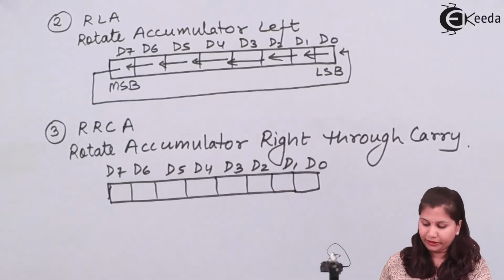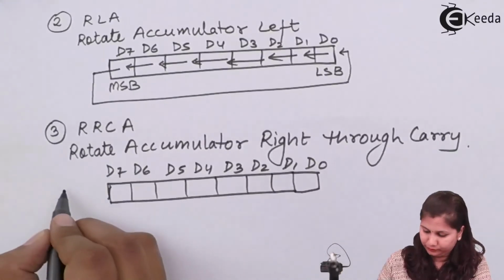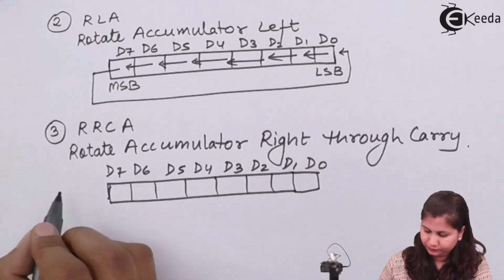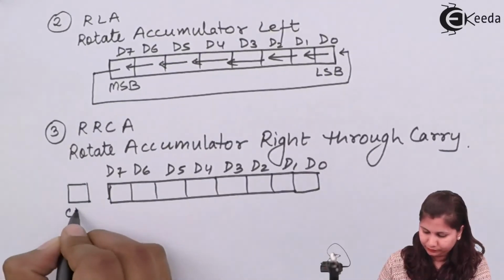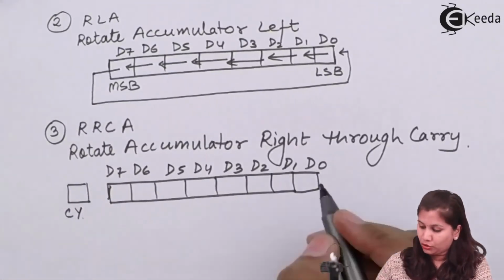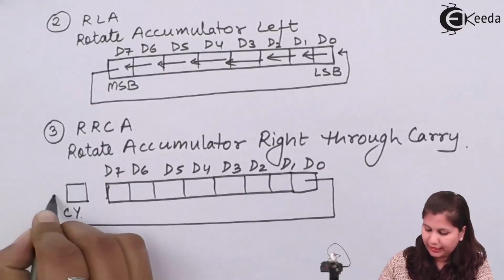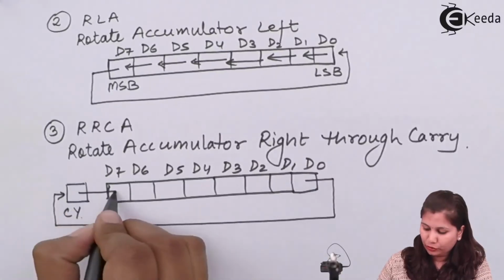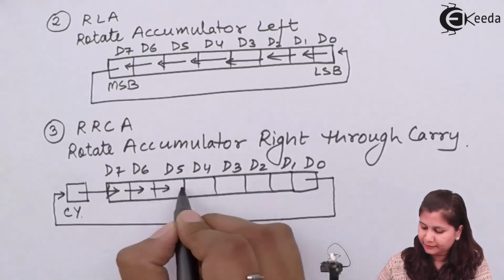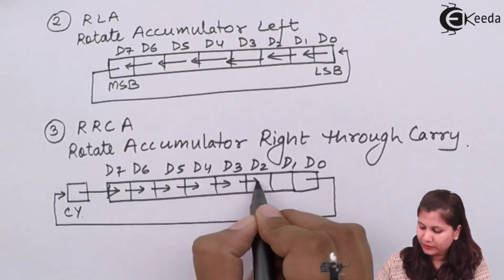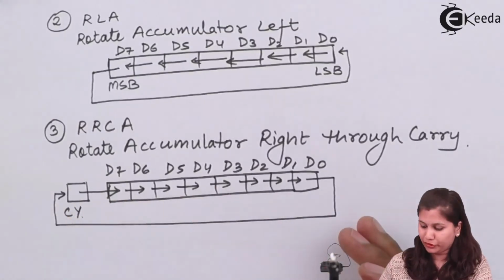The accumulator has to be rotated to the right hand side. So this D0 bit now goes to the carry flag. The carry flag will go to the D7 bit. D7 will go to D6. In this way, all the bits are shifted to the right hand side by 1 bit position.